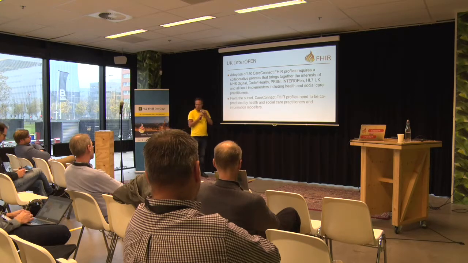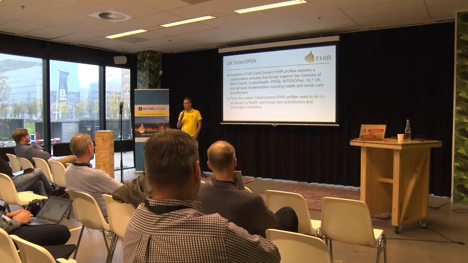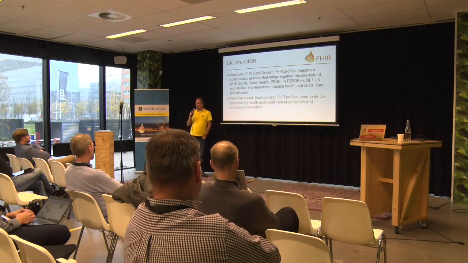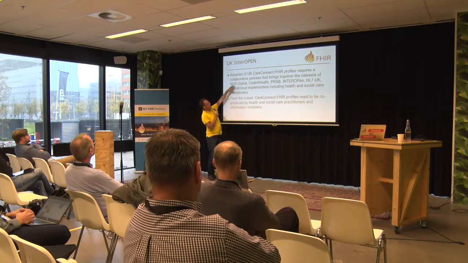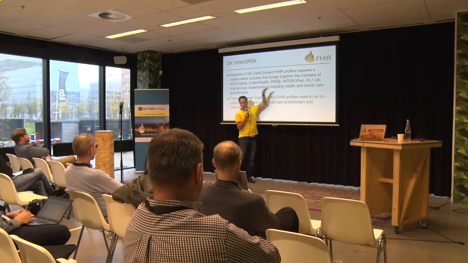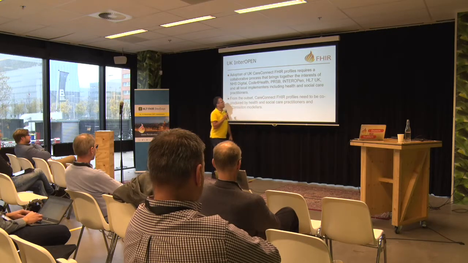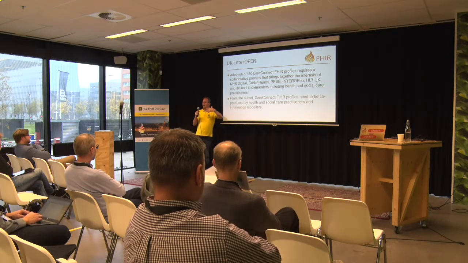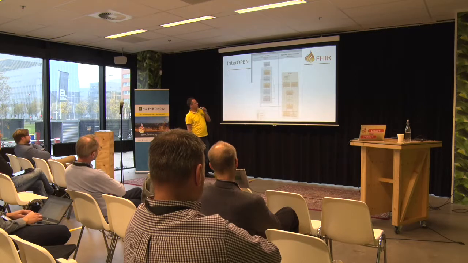Now if you look at the UK, the UK has an organization called Interopen, which is, my words, a grouping of various stakeholders, like the NHS in England, Code for Health, the Professional Record Standards Body, effectively a clinician body, and HL7 UK is also part of that. So you already have a requirement for some harmonization, some curation of profiles within that particular group.